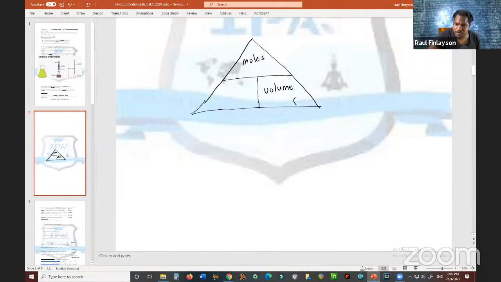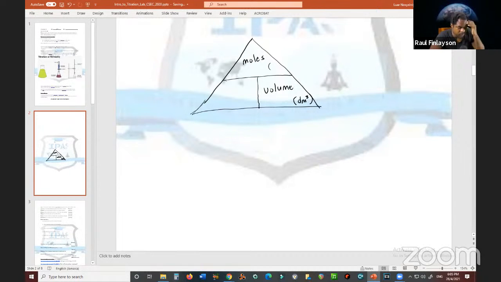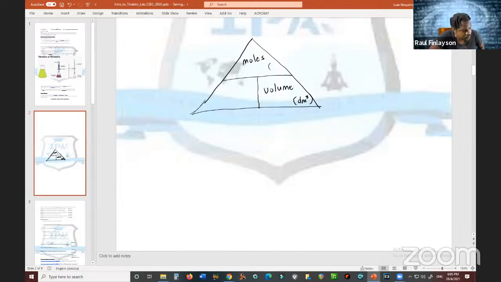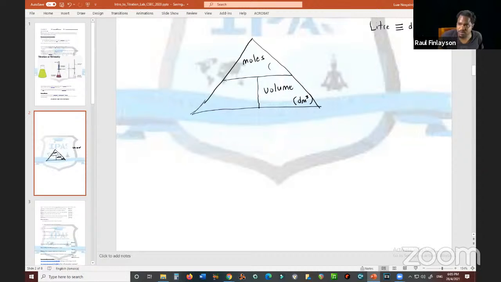The volume is measured in dm cube or liter. When I asked a question about what we measure the liquid in, Deborah answered liters, and liters is the same thing as dm cube. Actually, it's decimeter cubed, or dm cube, the common unit.